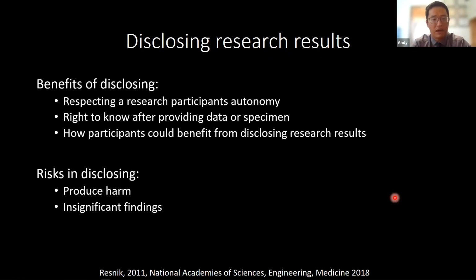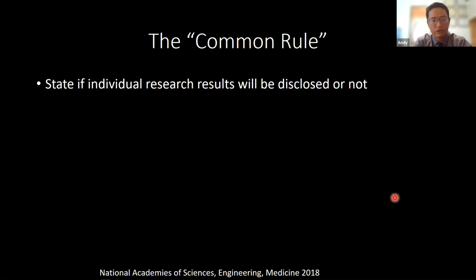There's really 2 points that come about in terms of this push for disclosure of research results that I'll talk about right now. The first one is called the Common Rule. So the Common Rule now, you have to specifically put in that individual results will be disclosed or not, either in your proposal or in your IRB protocol, because again, this push of autonomy for the study participant.